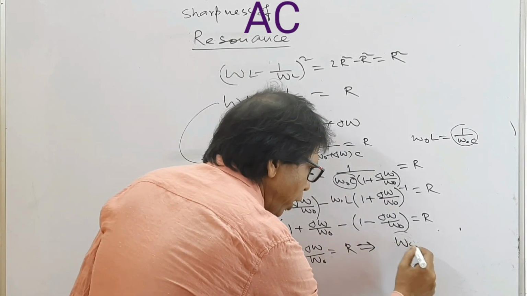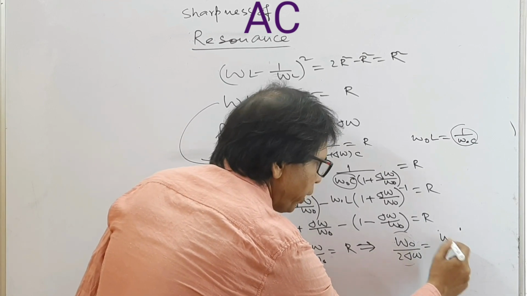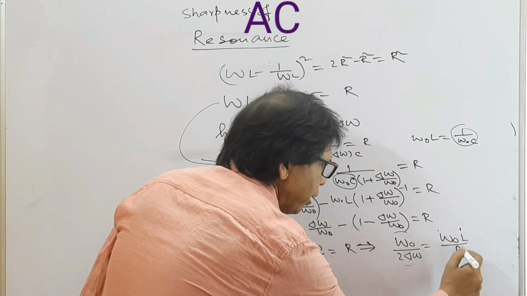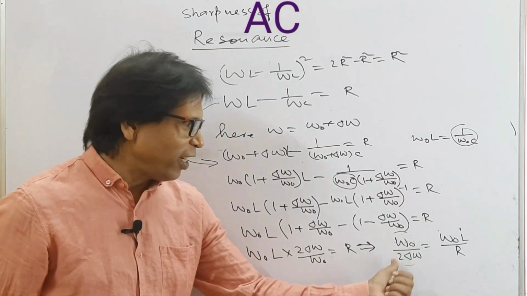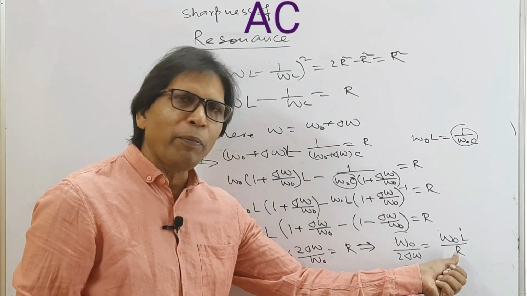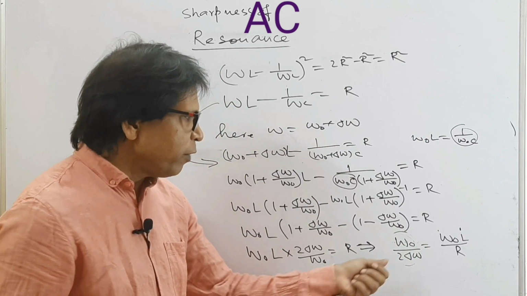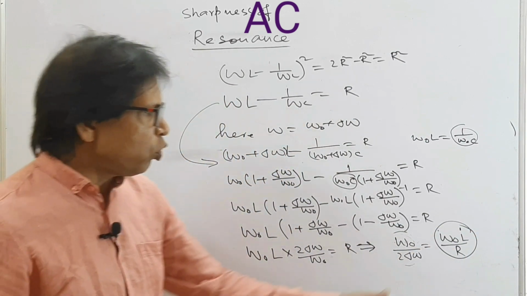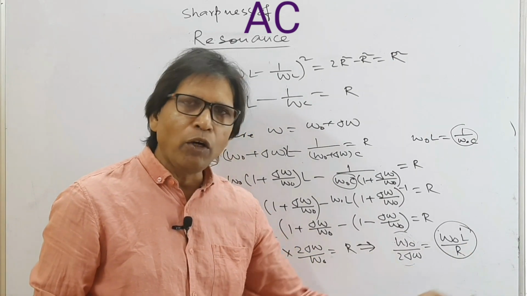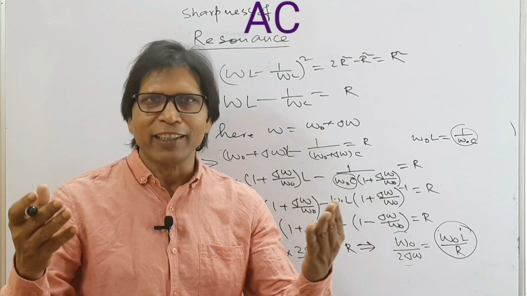Here omega naught divided by 2 delta omega is omega naught L by R. This is the expression of sharpness of resonance. So smaller the value of R, greater the sharpness of resonance. This term is also known as quality factor. So smaller value of R, quality of the resonance is high.